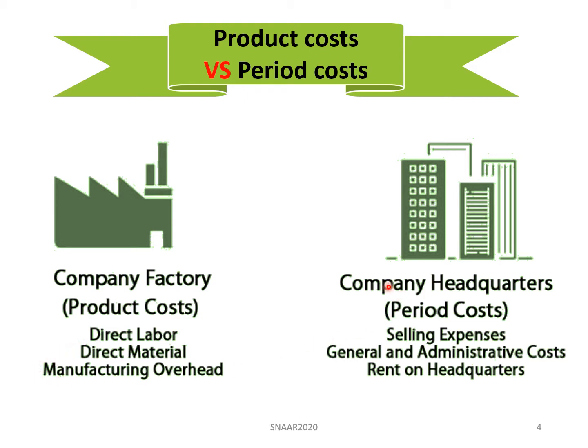And the period cost usually incurred bukan sebab production. Okay. So, contoh macam selling expenses, general and admin cost, rent on headquarters. Semua yang ini berlaku di luar kilang. So, that is called as the period cost.